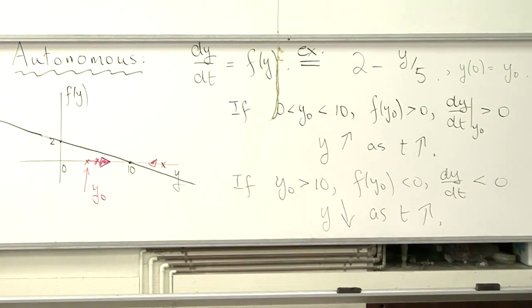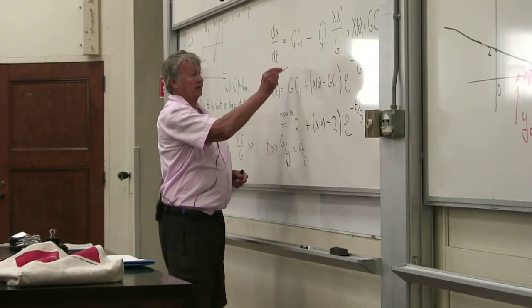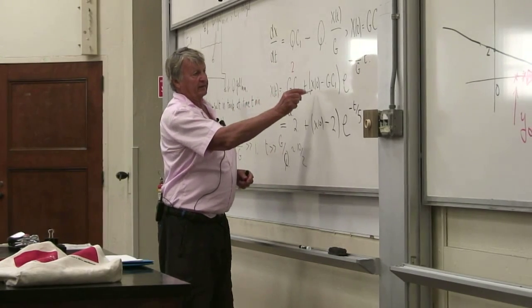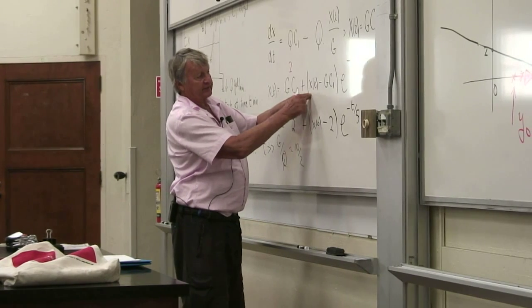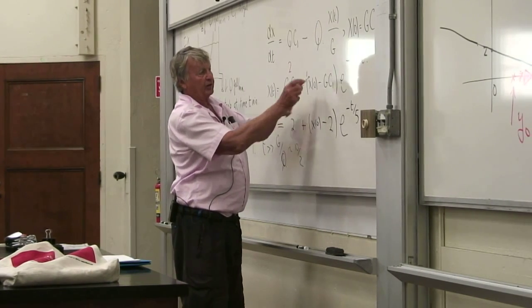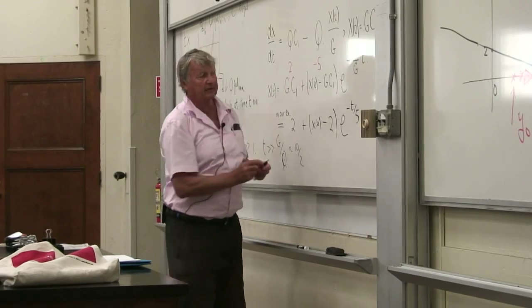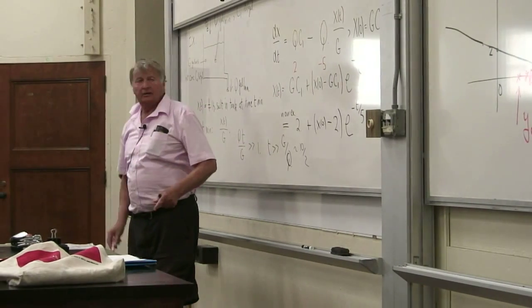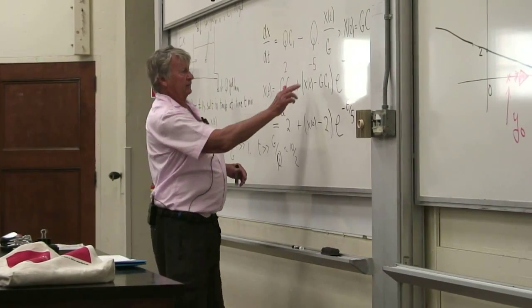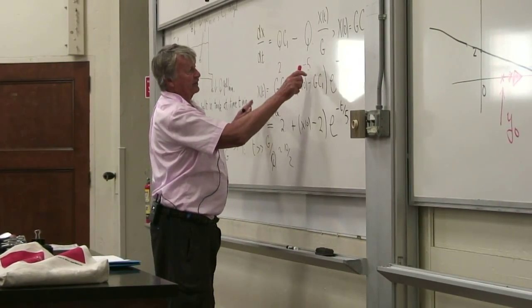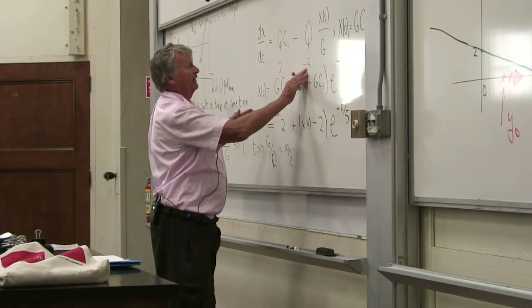For instance, if x of 0 was 5, this would be minus 5. Sorry, this is the actual solution, so it's decaying.